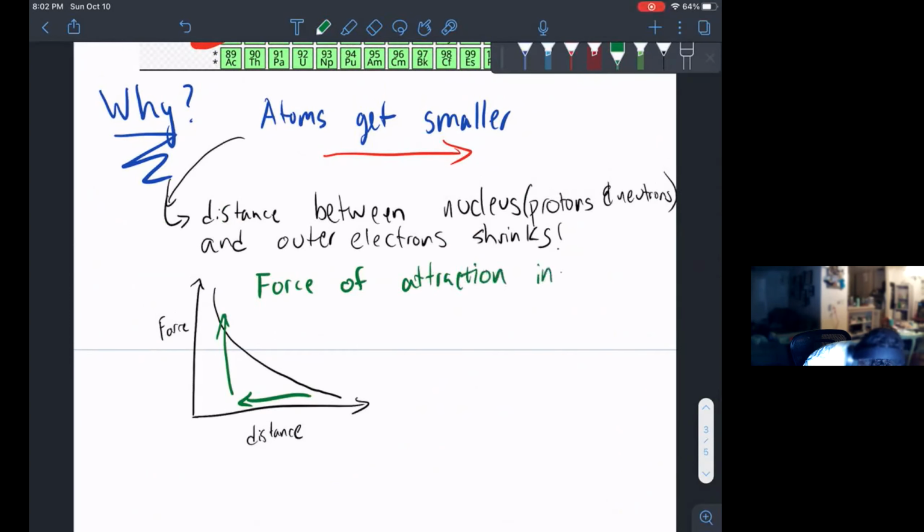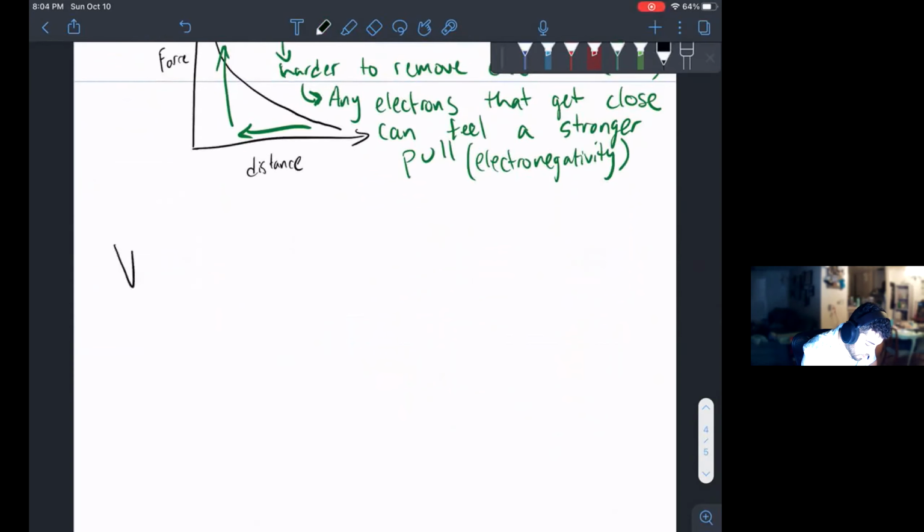Because in bonds, these electrons are shared. Therefore, any ones that get closer to the atom with the stronger force will be pulled closer. All right, so that's a big unifying principle. So we're going to go on to the last thing, which is valence electrons.